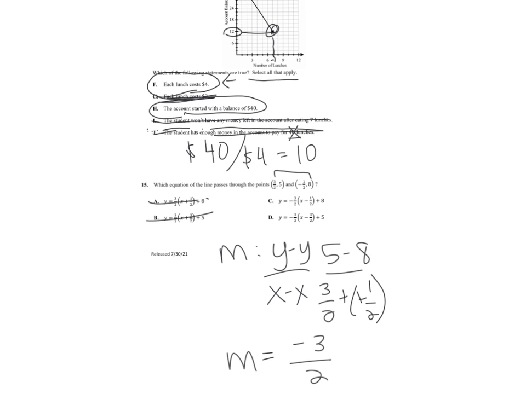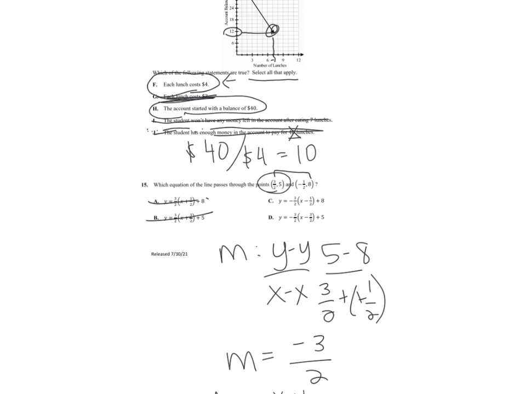So y equals mx plus b. I can pick either one of these, but I'm going to pick this one because it doesn't have any negatives. Y is 5. This is negative 3 over 2. X is also 3 over 2. And then that's plus b.